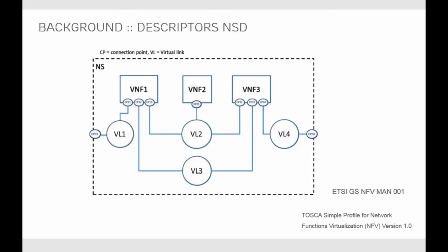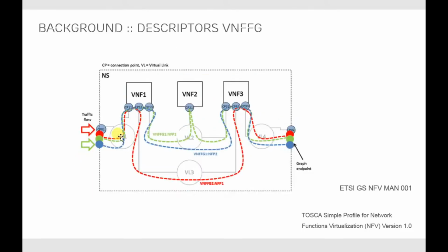So yes, a network service can contain a number of VNFs. It specifies a number of VNFs, a number of connection points, and also a number of virtual links. The network service concept is also about forwarding graphs and forwarding paths.